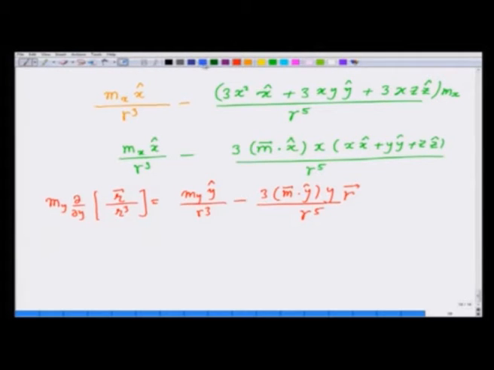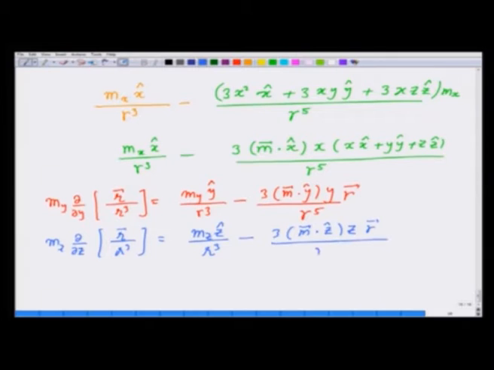And at the end, when I take mz d by dz of r unit vector over r cubed, I am going to get mz z over r cubed minus 3 m dot z r over r raised to 5.